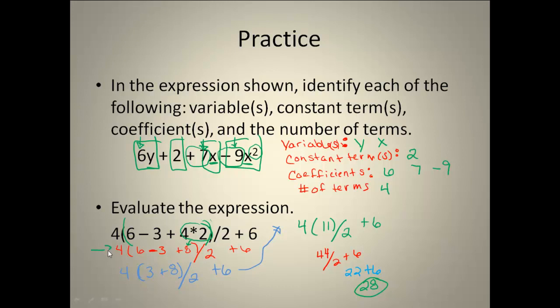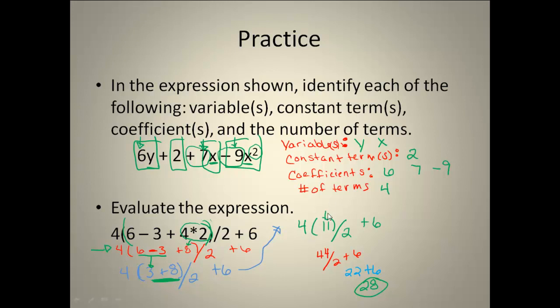Then from this level, I'm still inside my parentheses, and now I'm down to addition subtraction, so I have to go left to right. So I have to do this 6 minus 3 first. That gives me a 3. Then I'm still inside those parentheses. I can do the 3 plus 8 to give me that 11.